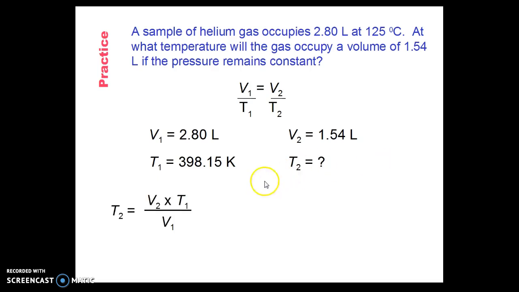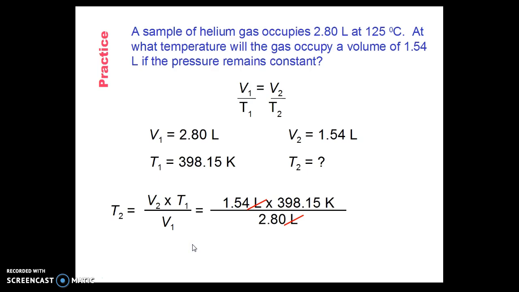T2 must be equal to V2 over V1 times T1. What we've done here is we have multiplied both sides by T2, to put that over here, then we multiply both sides by T1, and divide both sides by V1. And that gives us our working equation for the T2. We plug in the numbers in units.